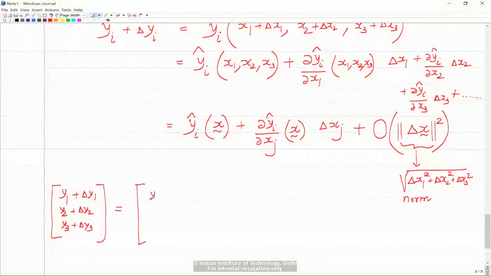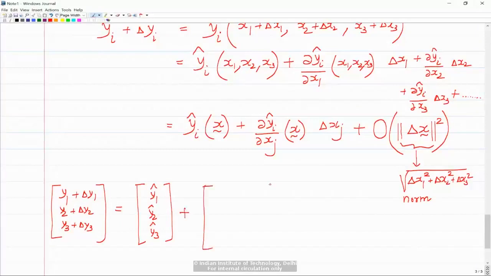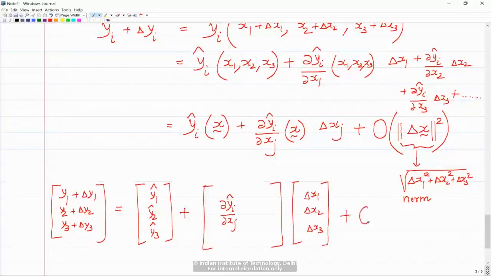So that's equal to this y1 hat, y2 hat, y3 hat, isn't it? Plus, you see what is going to come here? You'll have a matrix of del yi hat over del xj multiplied with delta x1, delta x2, delta x3, isn't it? So I have just written all the three components together here, plus this higher order term.